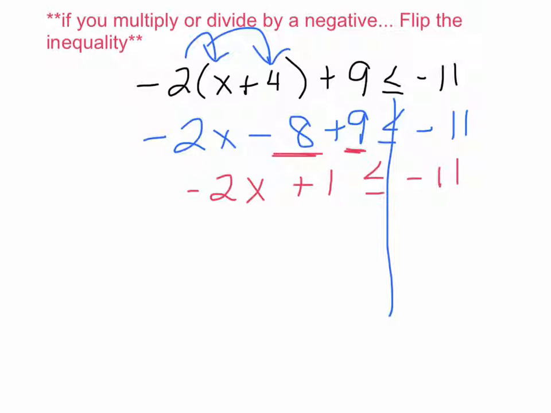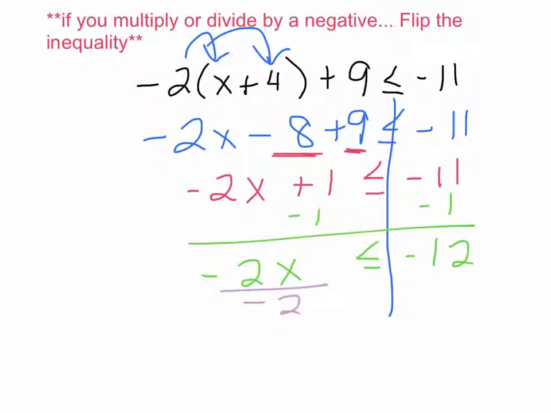So I'm going to solve this. I want my non-x terms to the right, so I'm going to do the inverse by subtracting 1. And so I have negative 2x less than or equal to negative 12. I forgot to carry down the negative. So the last thing I need to do here is divide by what's attached to x, which is negative 2.